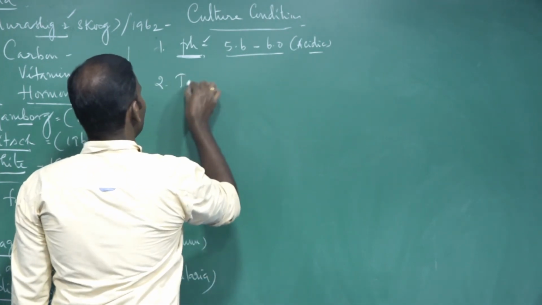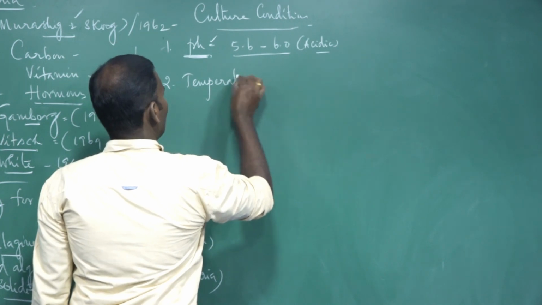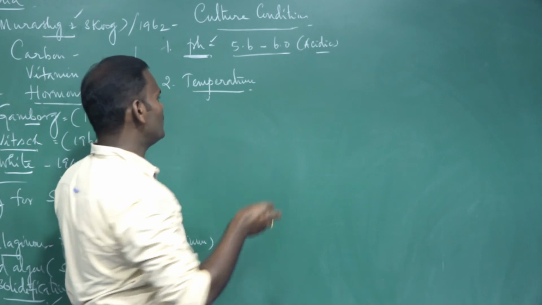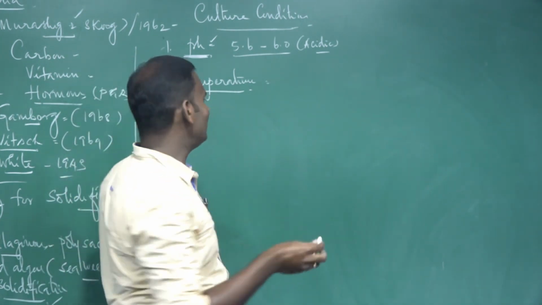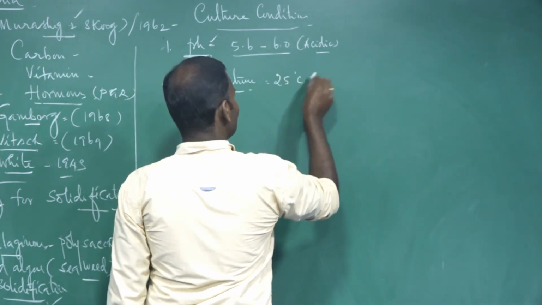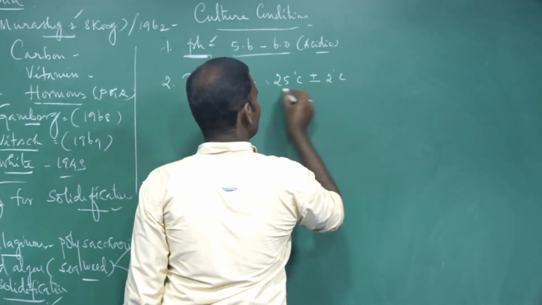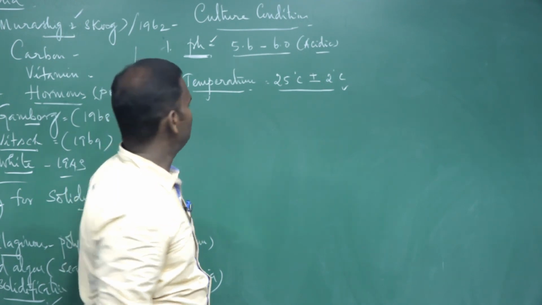Second one is temperature. The culture medium should be incubated normally at a constant temperature of 25 degrees Celsius plus or minus 2 degrees Celsius to obtain optimum growth of plant tissue cultures.